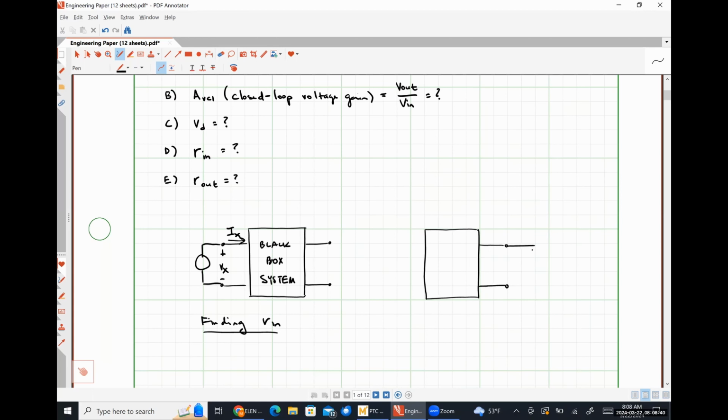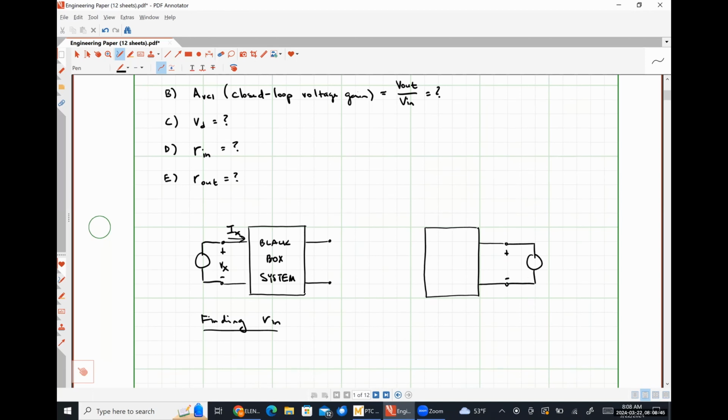So we excite it from this side, the output side, determine the ratio of our test voltage to our test current, and our input signal is turned off or short circuited in this case, since it's a voltage. So this is how we're going to find R out. Okay.